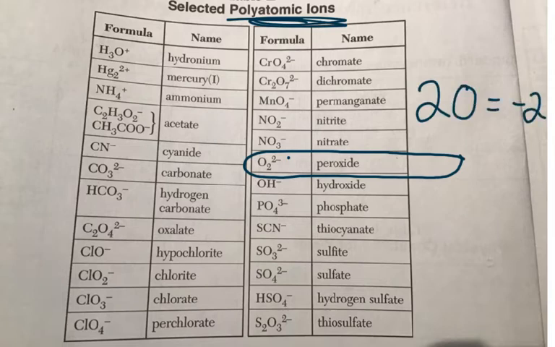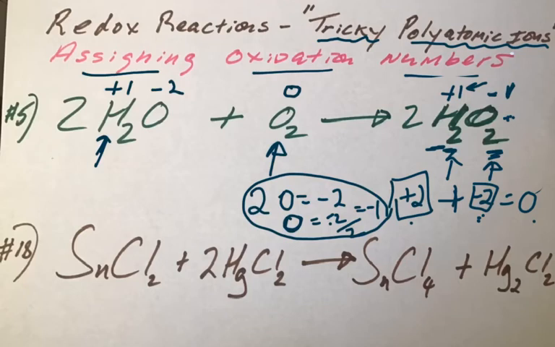And in redox chemistry, when we assign oxidation numbers, it's always for 1 atom. So if 2 oxygens give us -2, 1 oxygen for peroxide must be -1. Okay, good. So -1 goes here.